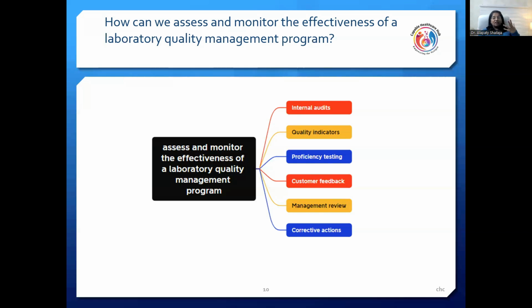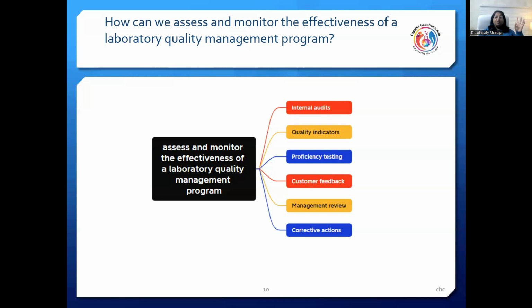Then the corrective actions that one has taken will give you an idea. Then any non-conformances when identified, what was the action taken. Once you break it down into these six components, it's very easy for anybody to assess and monitor the effectiveness of a laboratory quality management program.